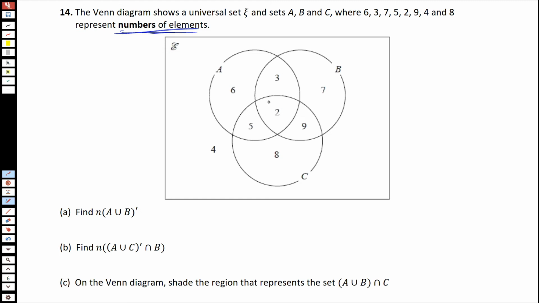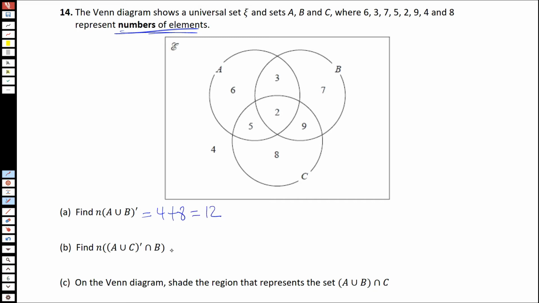So what's outside A and B combined will be 4 and 8, and this is the number of elements here, 4, and here 8, so that will be 4 plus 8, which will be equal to 12.